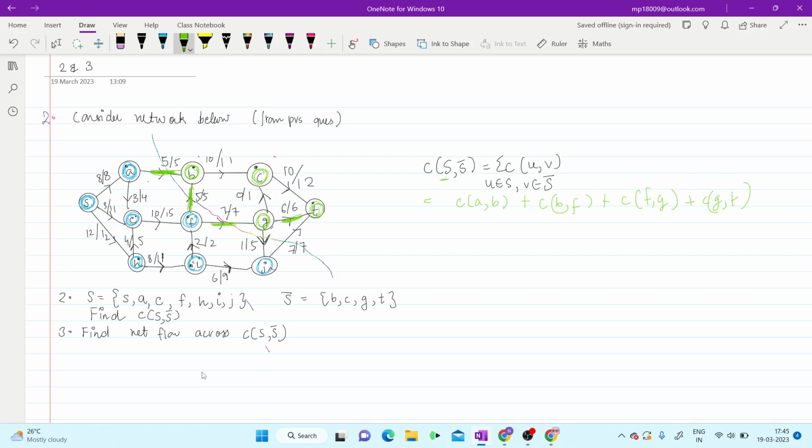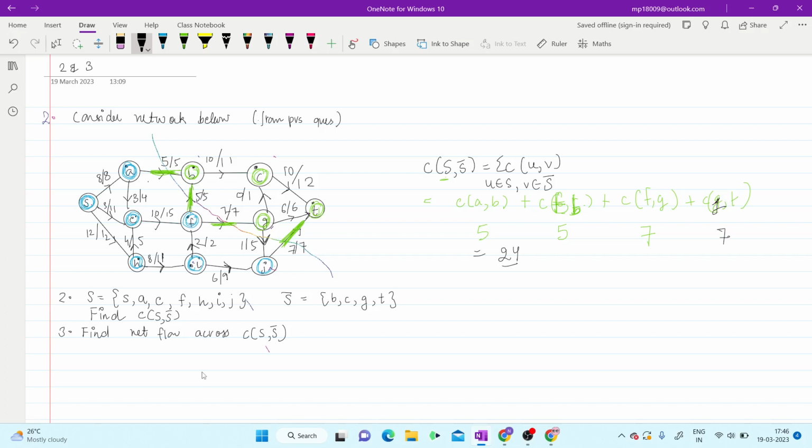I said GT, but it should be JT. Sorry, you're right. C(A,B) is 5, C(F,B) is also 5, then 7, and JT is also 7. If we add this up, it comes out to be 24.